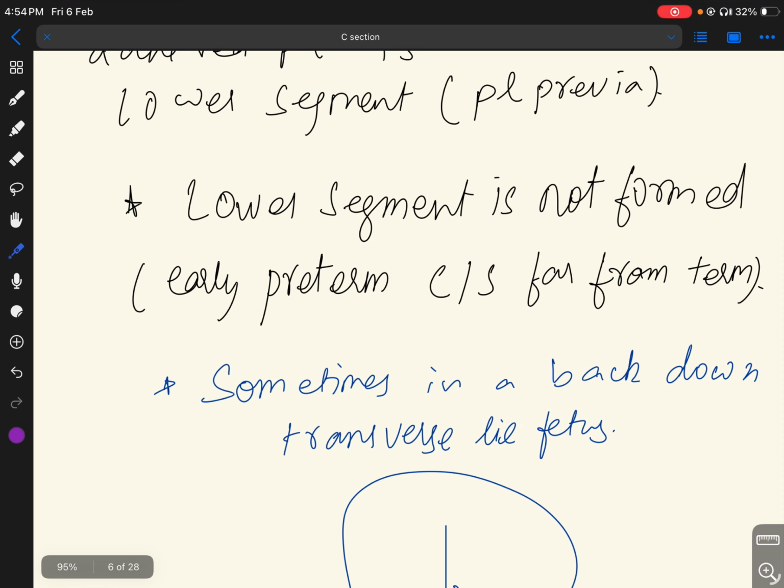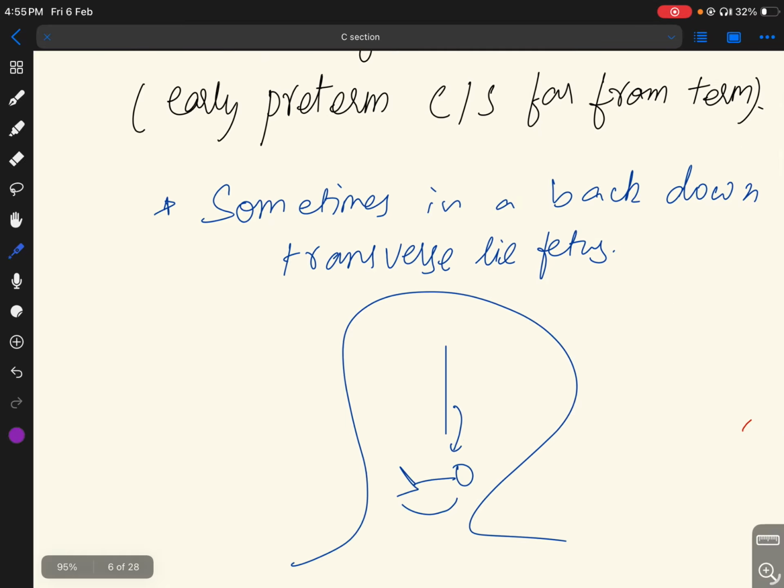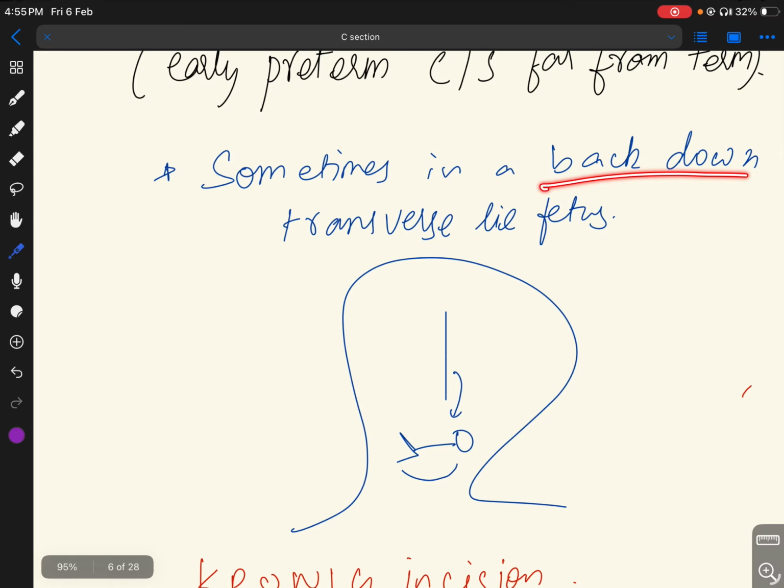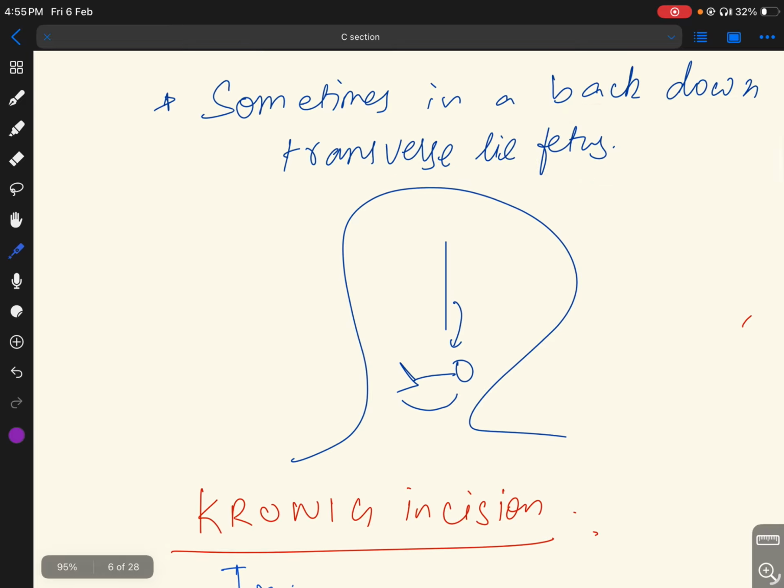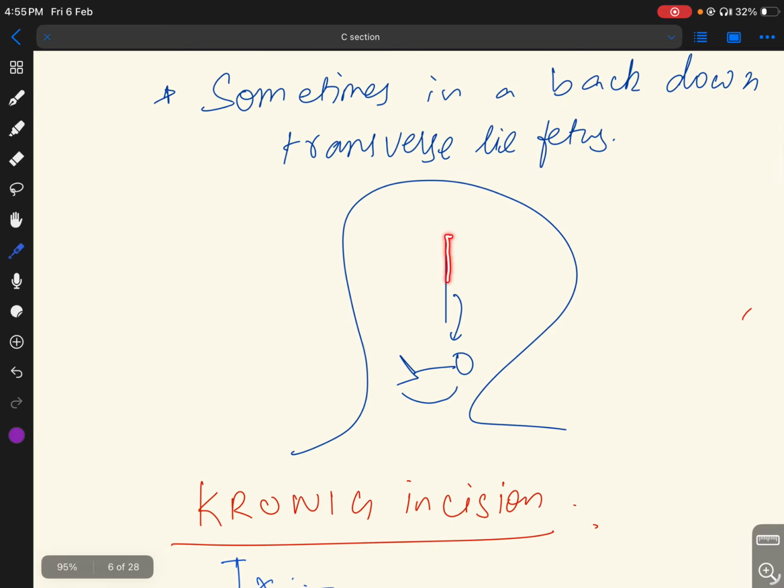That is, in case of early preterm pregnancies, the lower uterine segment will not be formed. In such cases, you have to do a classical cesarean section. Sometimes in a back down transverse lie fetus, it is better to deliver the fetus by classical cesarean section than lower segment cesarean section.